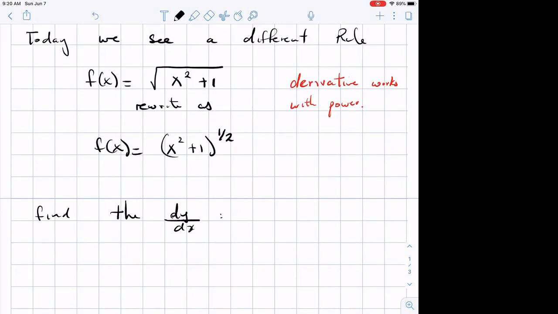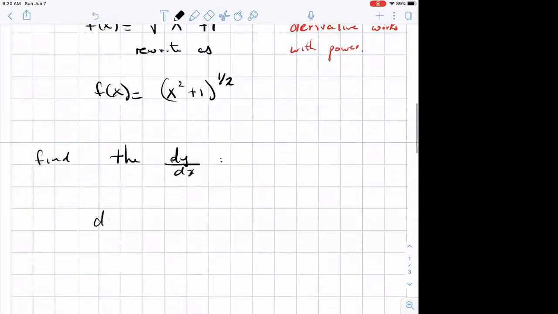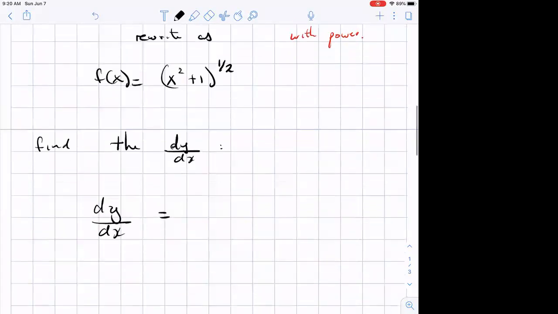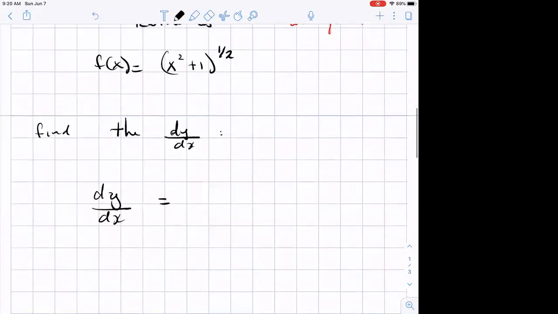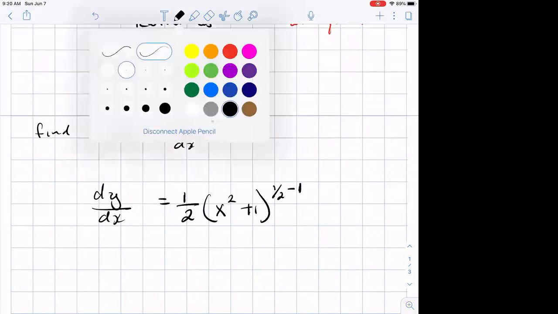Okay? So we can say dy/dx is equal to, now be careful, the power here is 1/2, so it becomes 1/2 times x squared plus 1. And remember, we always subtract 1, right? So here's a hint for you.